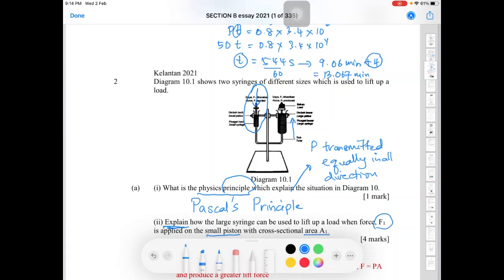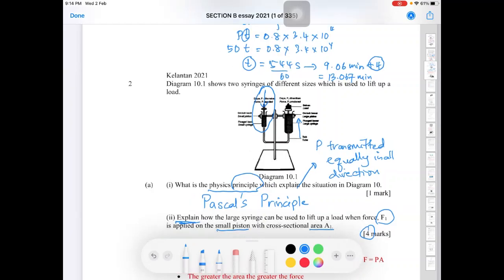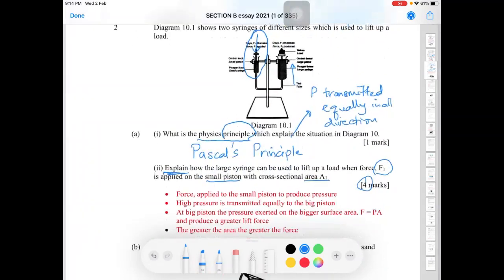Jadi ada 4 markah di situ. You cerita 2 mark dekat small piston, you cerita another 2 marks di piston yang besar. Macam tu cara you nak terangkan. So apa yang pertama tu? When the force, you letak one small force on the first piston, the small piston. Tengok ni jawapan cikgu. Okay, force applied to the small piston produce pressure.